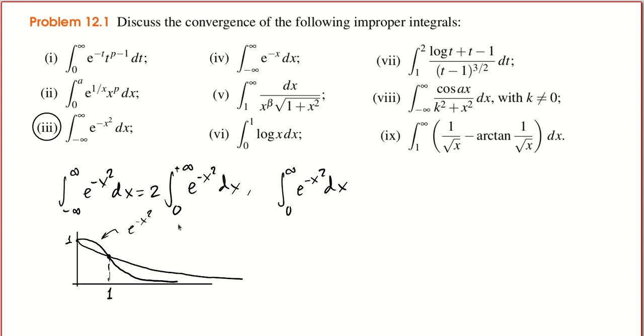Because for x equal to 1, the exponential is e minus 1, same as this one, right? So they both cross at the same point, e minus 1, okay? But this one here is below this function in this region, and it's above the function, it's an upper bound in this region here.